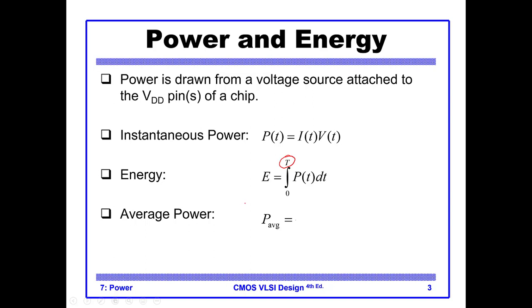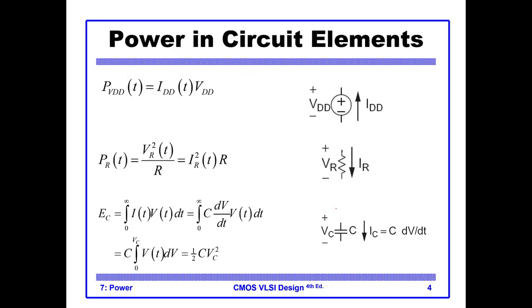Average power is basically energy divided by time period. So you can write it as 1/T integral from 0 to T of p(t) dt. So this is average power. Now for different circuit elements we can write these equations.